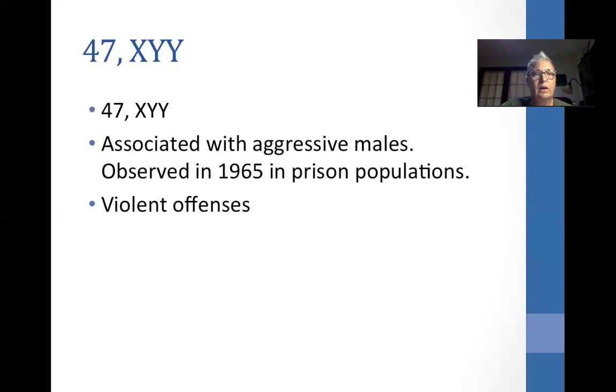It was first observed in 1965 in prison populations, and it was really noticeable in those who had violent offenses. I'm not sure what the frequency is, I just forgot to look. But again, you wouldn't necessarily know unless you went looking for it. So it's very interesting stuff.